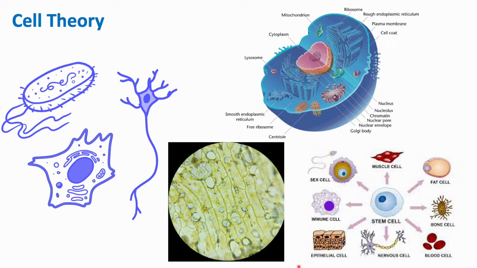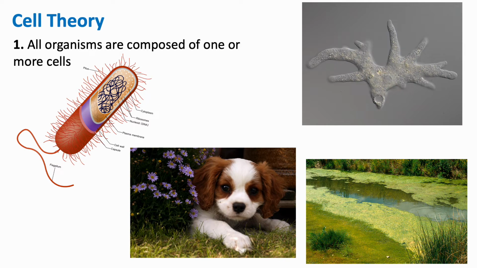Now, modern cell theory is made up of 6 postulates. And the first postulate is that all organisms are composed of one or more cells. This is a very important postulate because oftentimes when we think of something living, we think of a dog, or a human, or a tiger, or maybe a tree, and all of these organisms are actually multicellular.